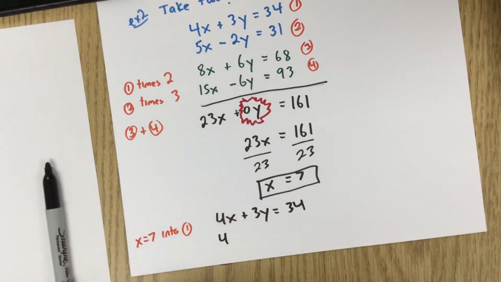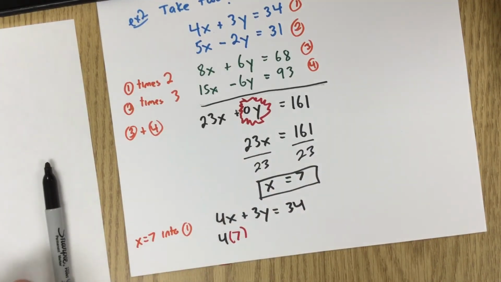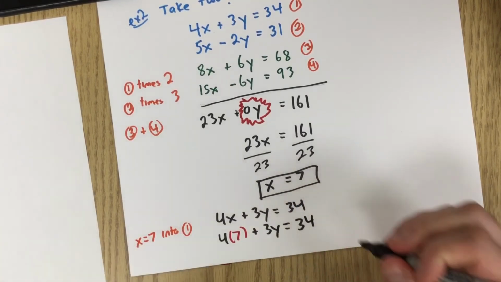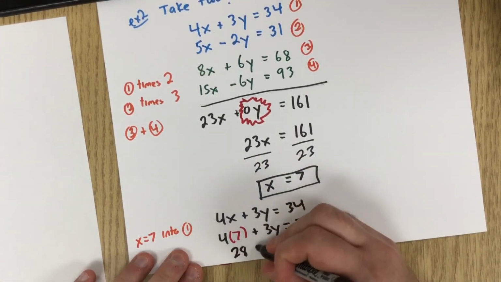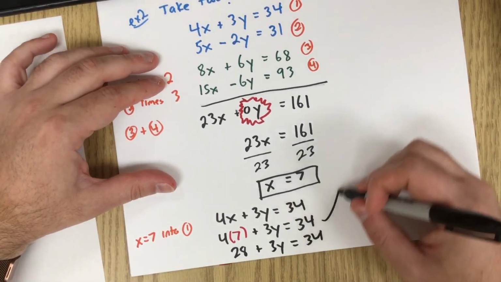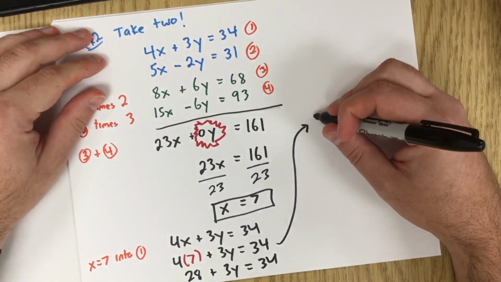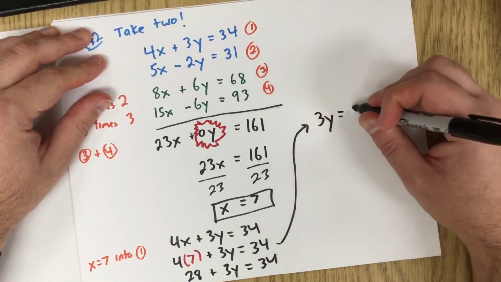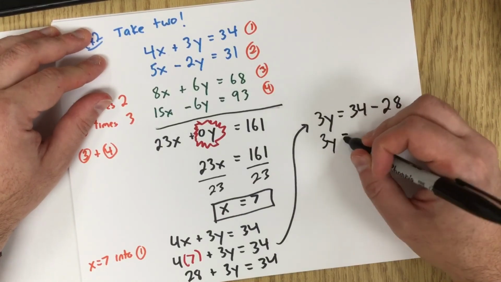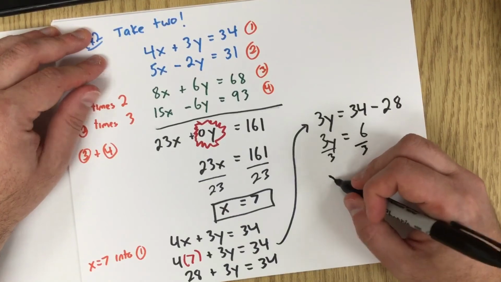Let me plug in the 7 for the x. 28 plus 3y equals 34. So we get 3y equals 34 minus 28. 3y equals 6. And divide both sides by 3. And we get y equals 2.